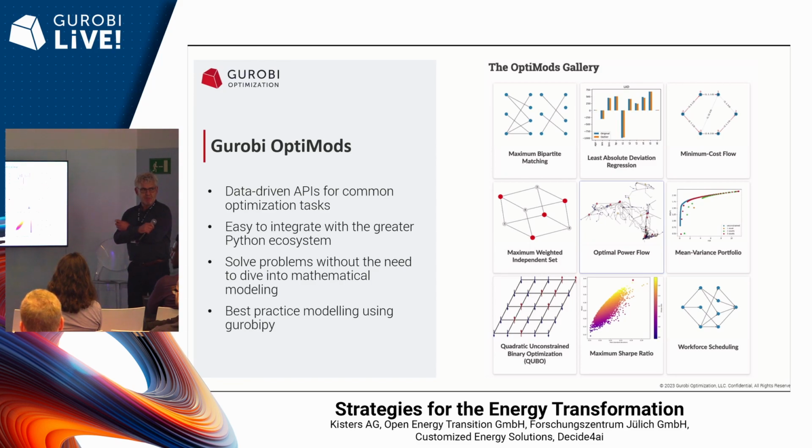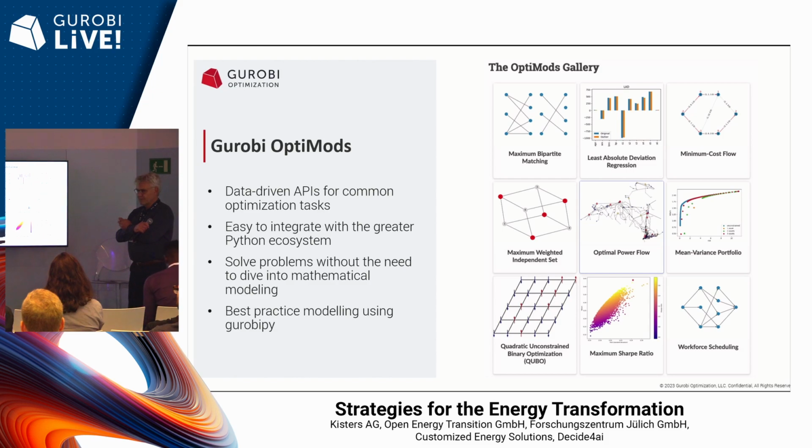We supplied you with the opportunity to define variables and come up with constraints that define your business problem. So for the very first time, we released Gurobi Optimods, which are data-driven APIs for common optimization tasks. And these 9 that are presented on the right side, they are the initial start. The selection of problems might grow, and it's really inspired by the Python ecosystem, right?